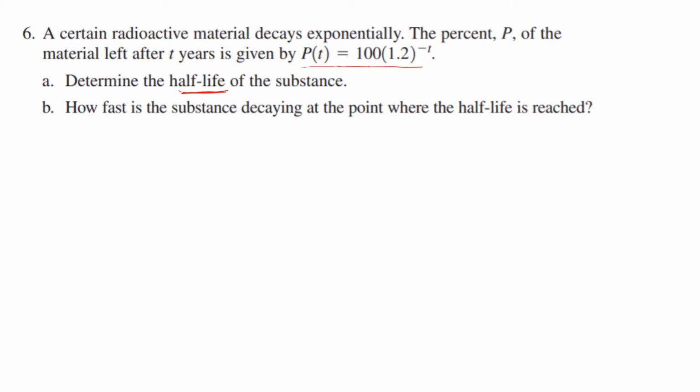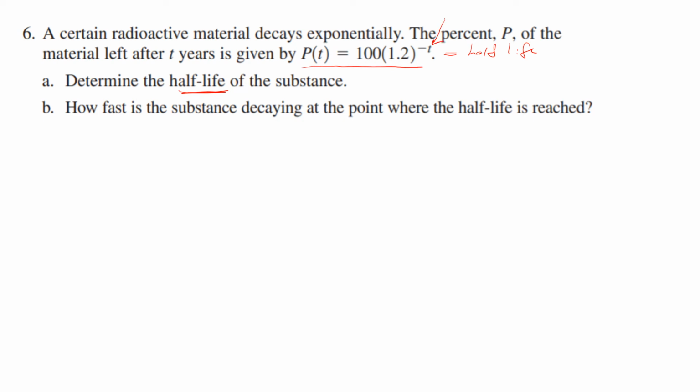So it wants me to find half of my original value of this substance specifically. So I can first find how much I had initially and then divide it by half to get the half-life value. And then what I need to find, because it says determine the half-life, is whatever the t is.